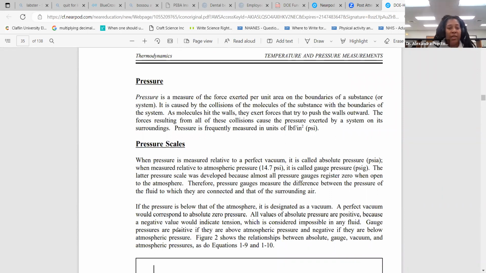Pressure is a measure of the force exerted per unit area on the boundaries of a substance. And it's caused by the collision of the molecules of the substance with the boundaries of the system.